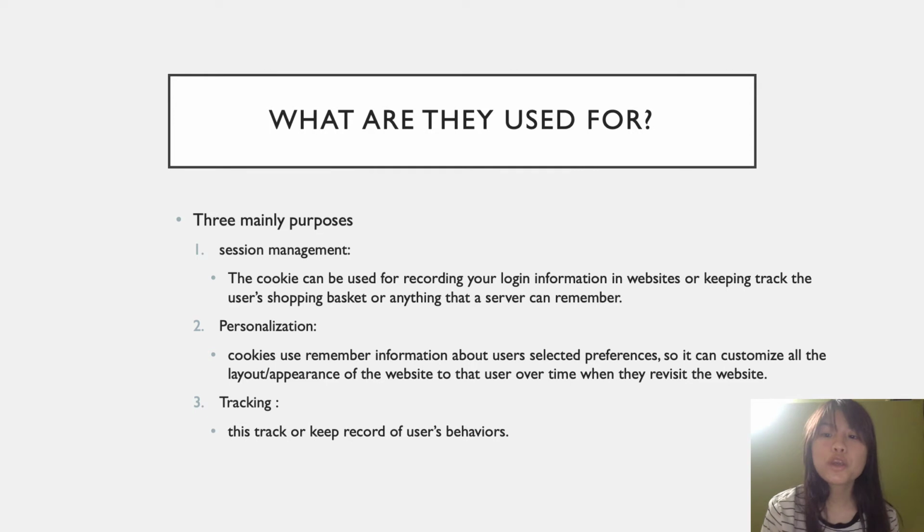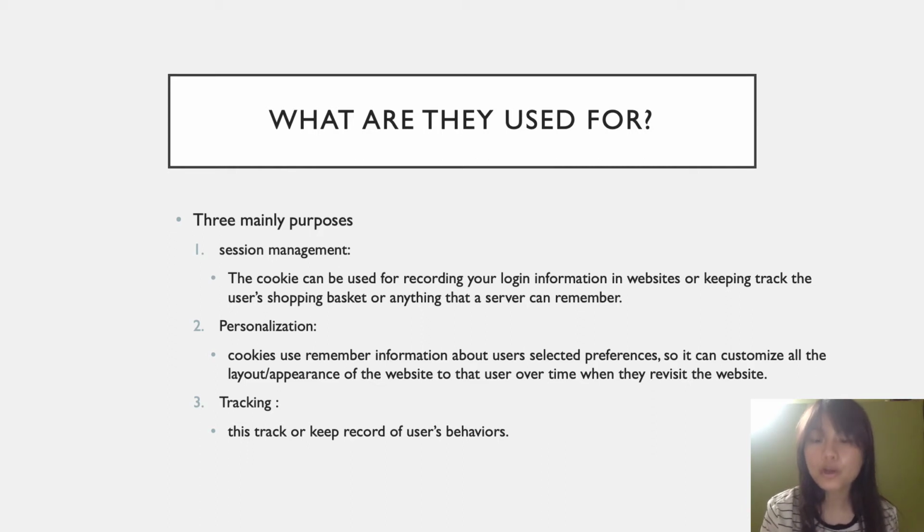There are three main purposes of using cookies. The first one is session management. The cookie can be used for recording your login information on websites, or to keep track of which user is assigned to which shopping basket, or anything else that the server should remember.